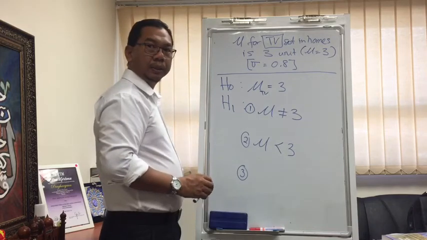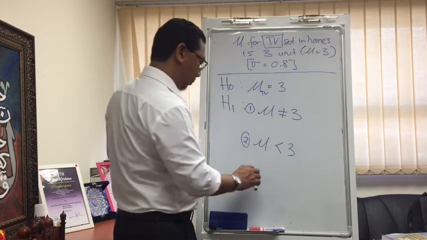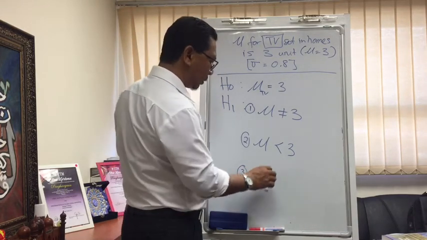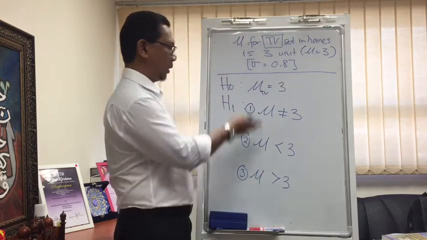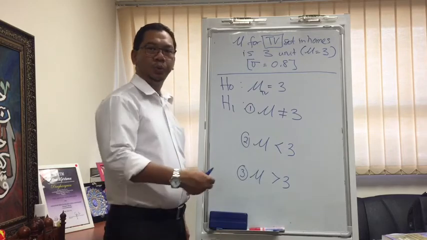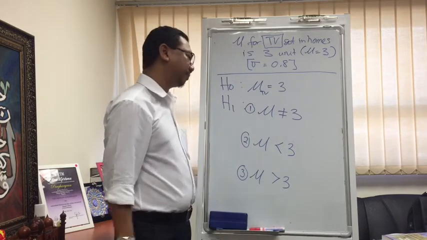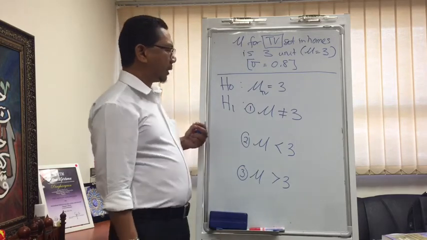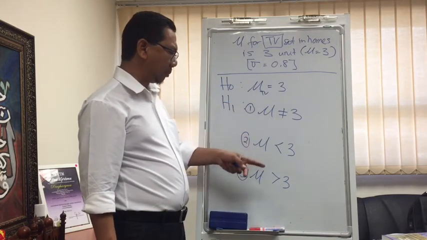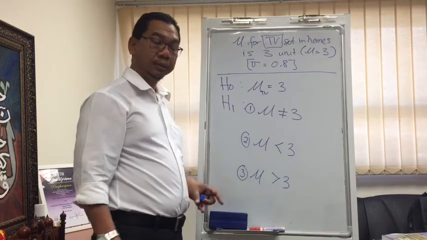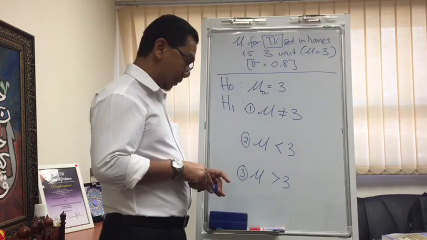Another option, the third option, is mean greater than 3. You can choose whichever you prefer. Some researchers may choose this, or this, or this based on their own reasons.